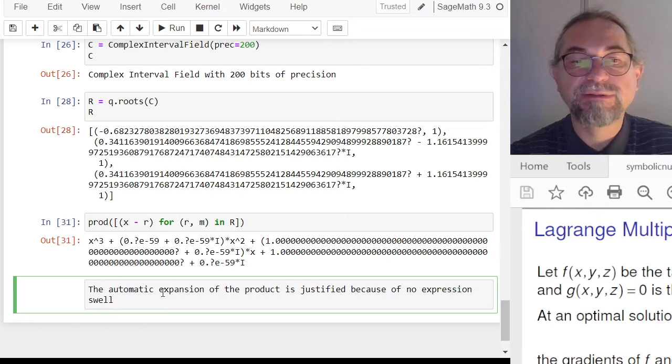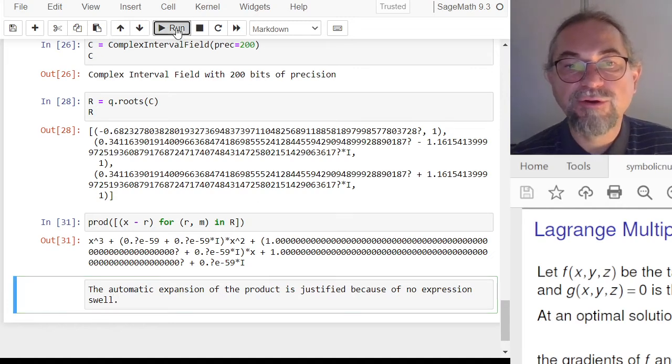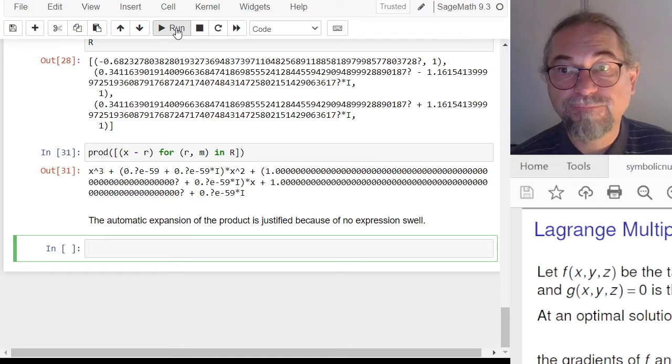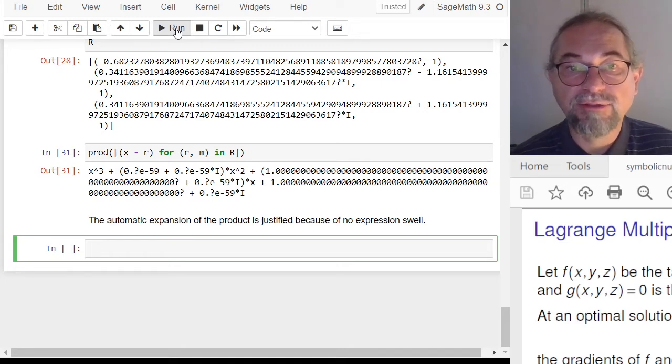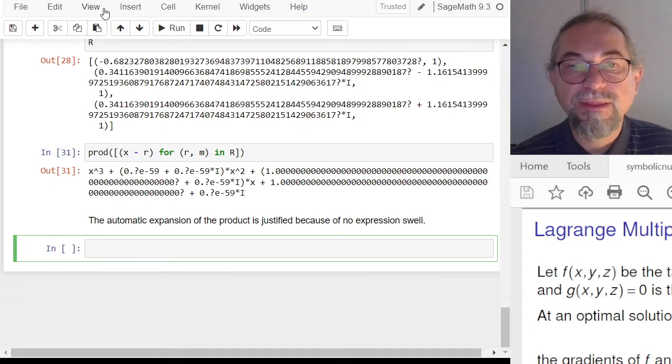So we start with a list of here 3 roots, and we're going to end with 3 coefficients. And the coefficients are actually getting smaller. So you see that we had no quadratic term. So you see the working precision is about 59 decimal places.